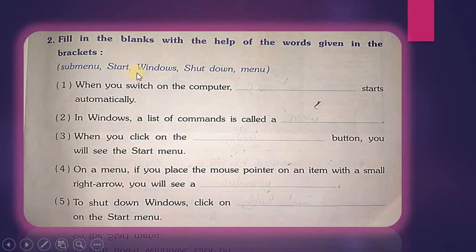What starts automatically when you switch on the computer? For example, I am starting a computer. So what does it start? It starts Windows. So the correct answer is Windows, because whatever you can see in the monitor is our Windows.